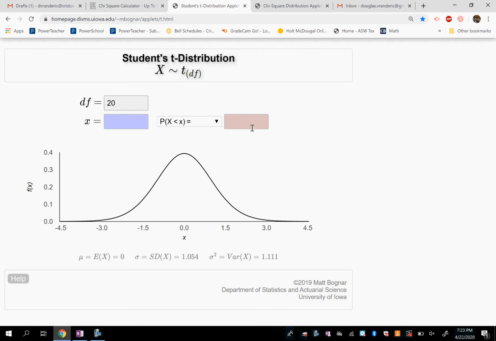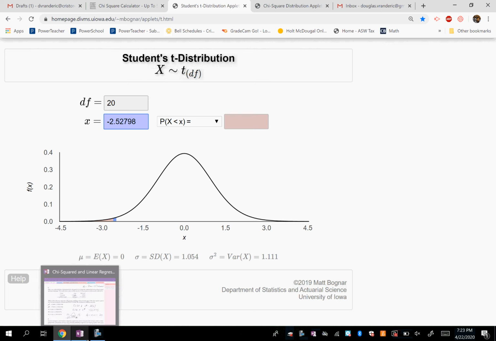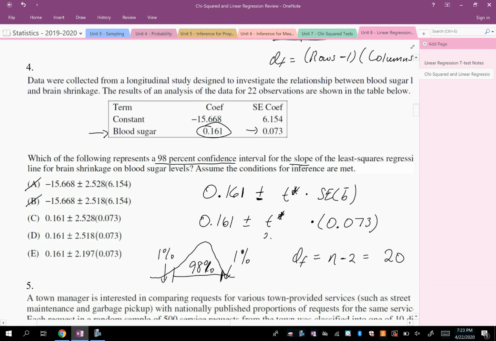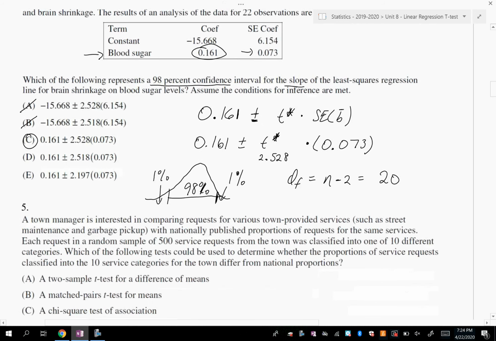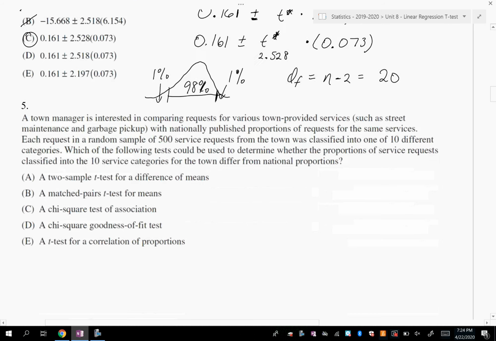I still have the lesson in there, which is what I want, but now I'm doing 1% and clicking the blue. 2.528. 2.528 is what I'm going to write down. 2.528 is my T star. And if you look at your answer choices, the only one that matches that is C, 2.528. All right, so that is number 4. Again, awfully similar to number 1, right? I'm trying to make my point here that you need to know how to do this.